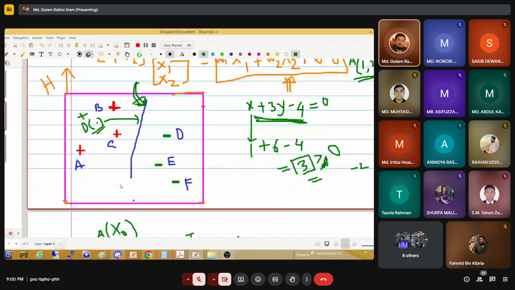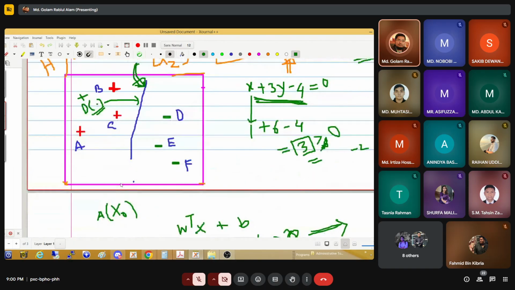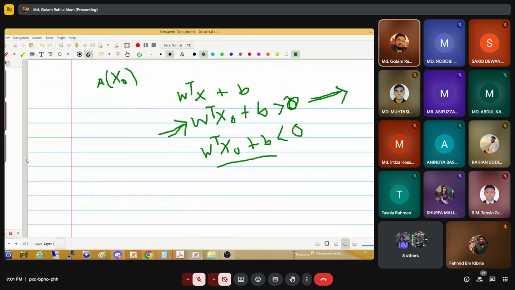But from our data set, we also have the original class labels, because this is our supervised learning approach. We know the original class label of this data point D. So in our data set, we get the feature values and the class labels also.